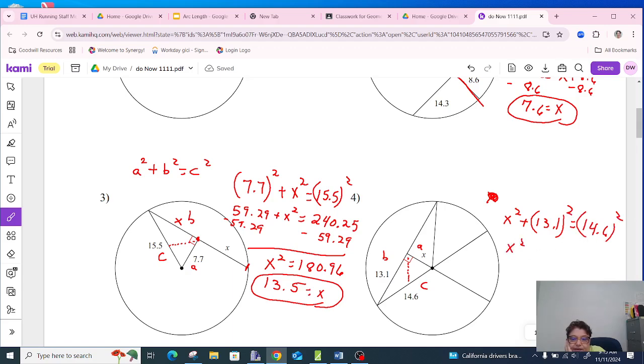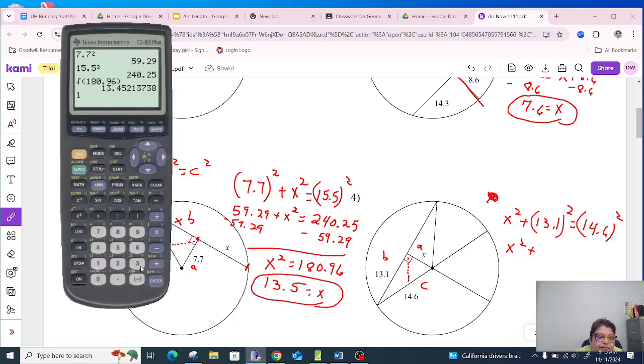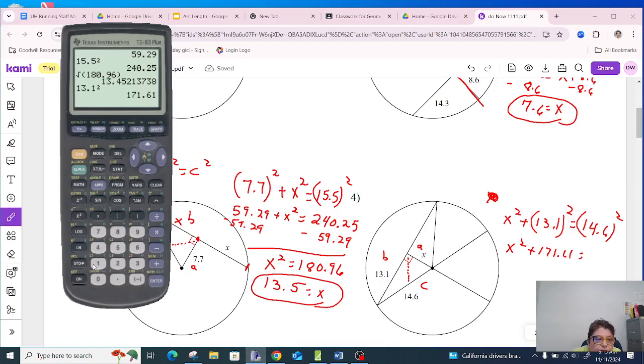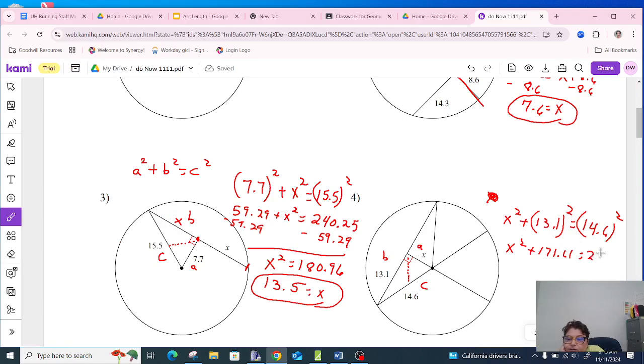So x squared plus 13.1 squared, which is 171.61, is equal to 14.6 squared, which is 213.16. And now I'm going to subtract.